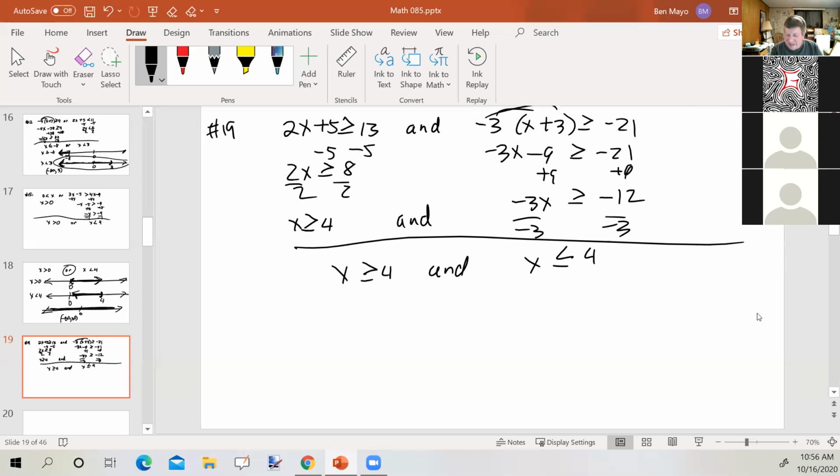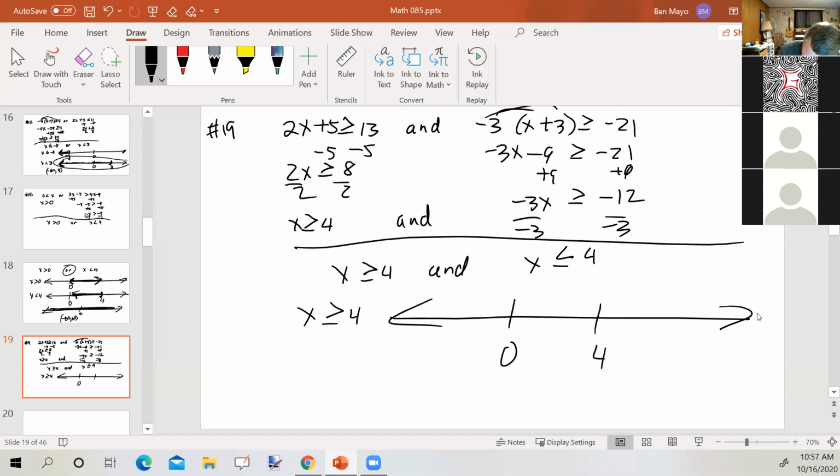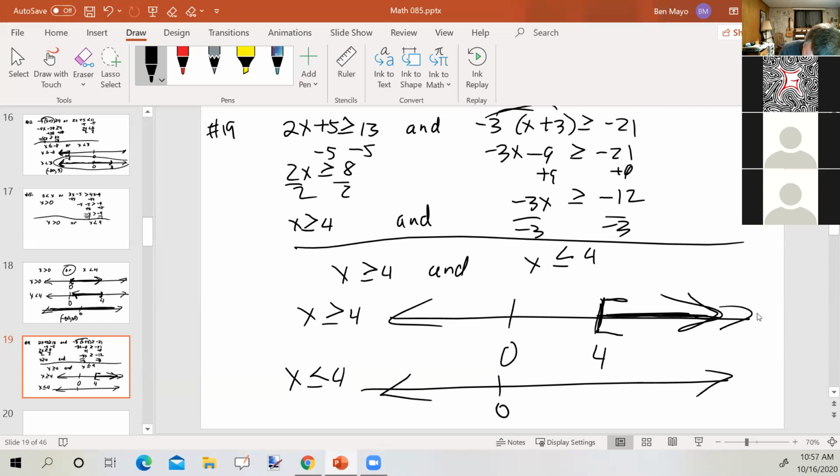This is kind of a strange one. This is just sort of an oddball one, because if we graph that, we get 4 and greater. If we graph this, we get 4 and smaller, but it's intersection.